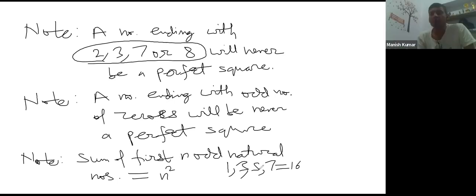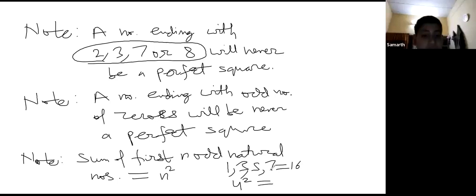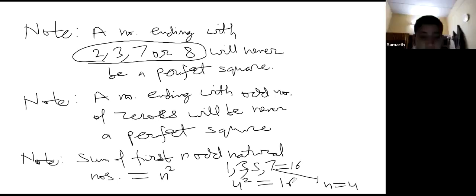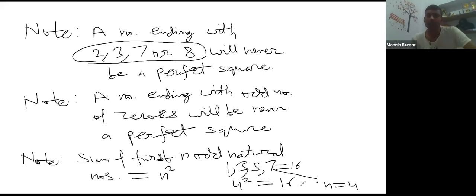Okay, now how many numbers are there? 4. So 4 square is also 16. Here n is equal to 4. Understood the concept?